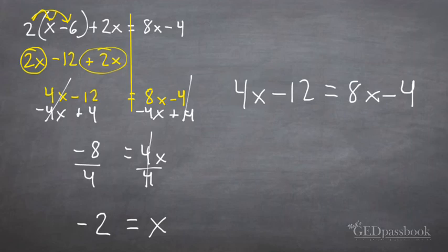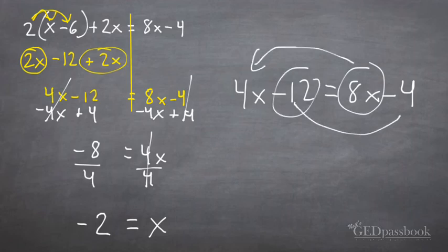What if you said, throw me the 8x over there and then move the negative 12 over there? Guess what, folks? You come out with the same exact answer. It doesn't matter. As long as you follow the exchange, as long as you trade one for the other and move all like terms to its designated area, you will get the correct answer.